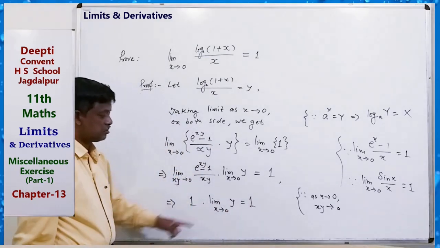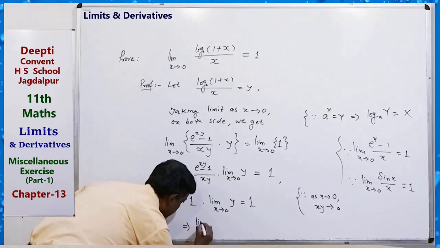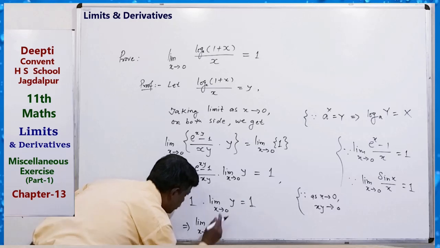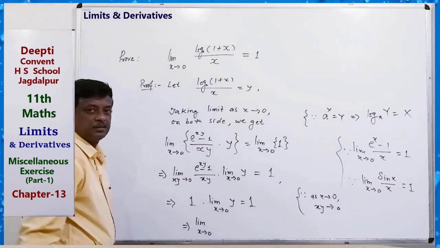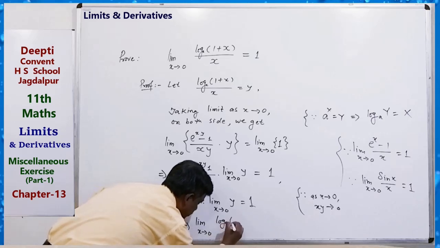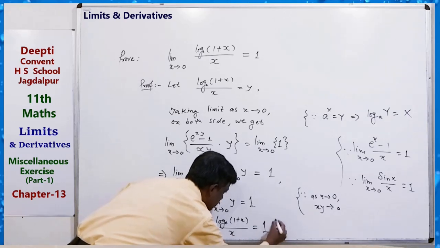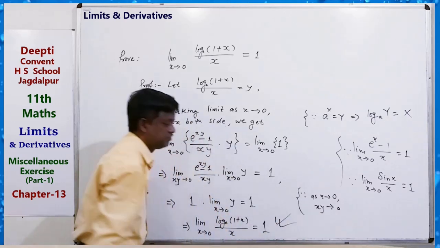So limit of y equals to 1. Limit of x tending to 0 y means what? This, our main function log(1 plus x) upon x is equals to 1. So this is our result.